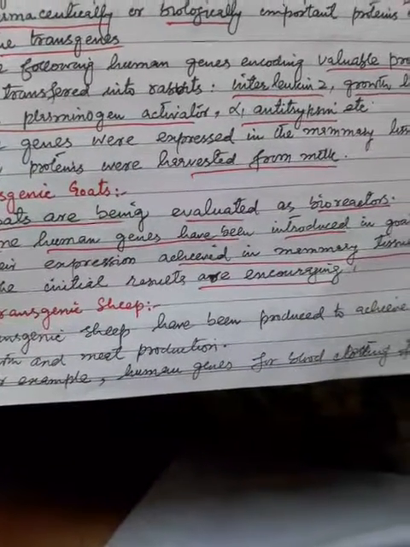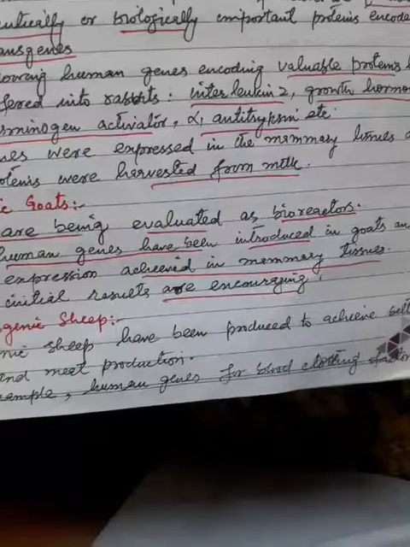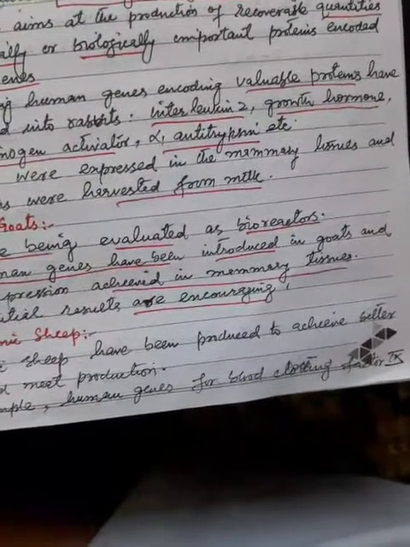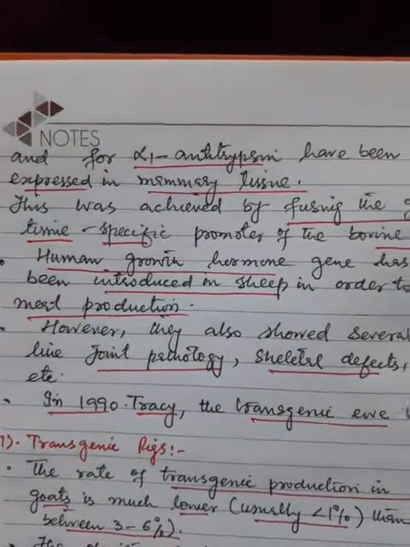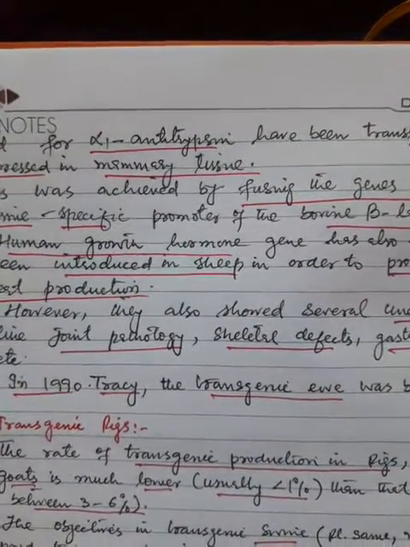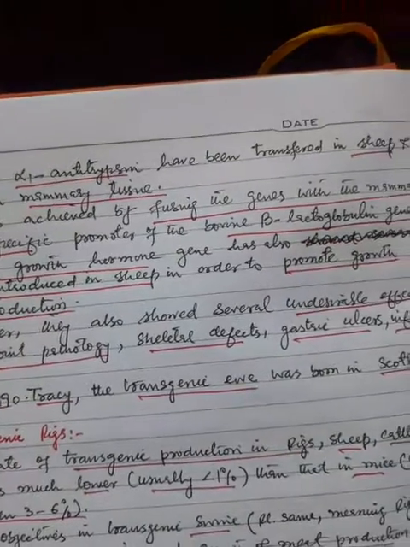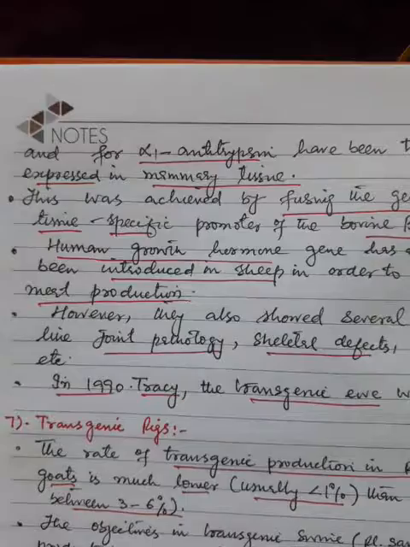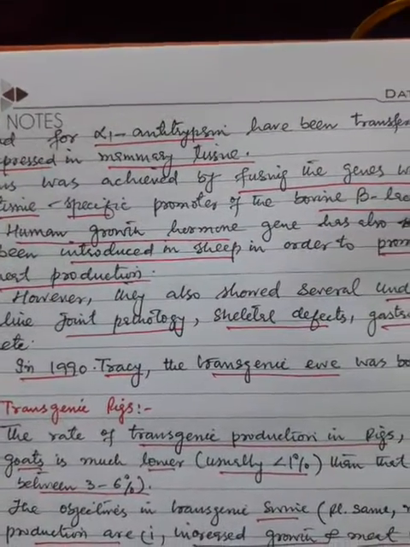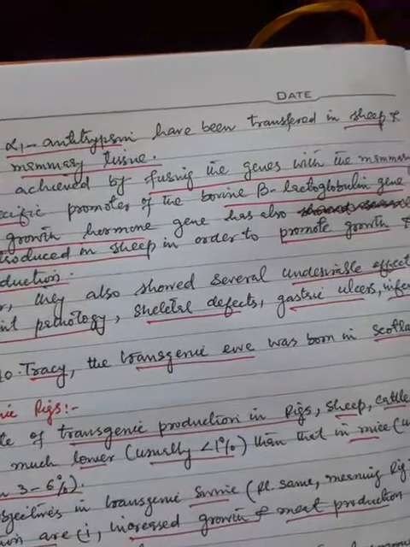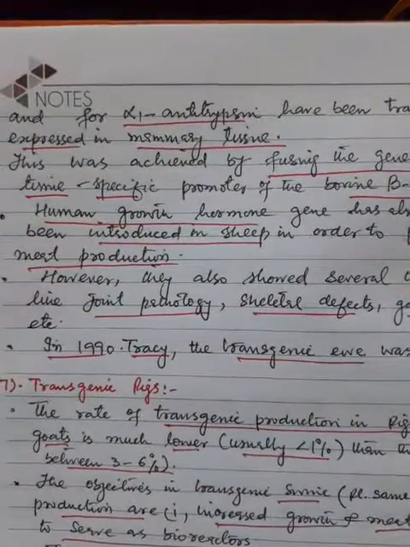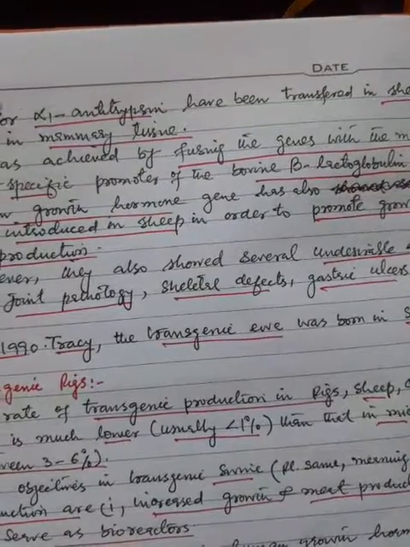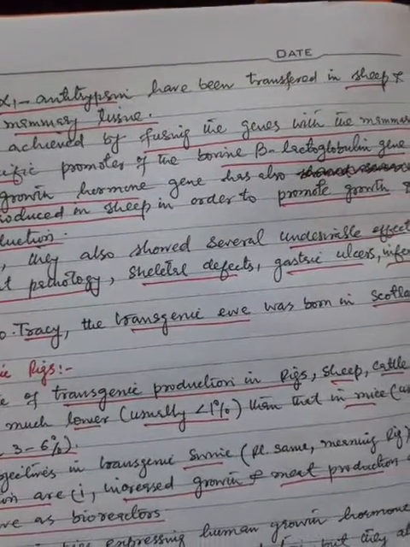For example, human genes for blood clotting factor IX and for alpha 1 antitrypsin have been transferred in sheep and expressed in mammary tissue. This was achieved by fusing the genes with the mammary tissue specific promoter of the bovine beta lactoglobulin gene.